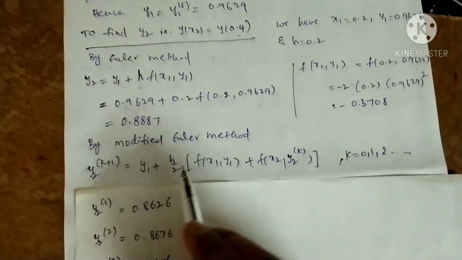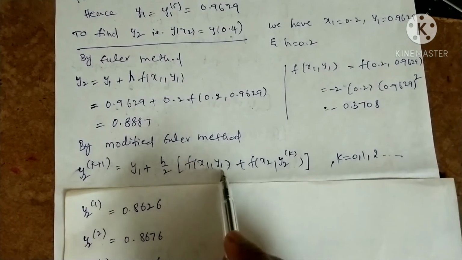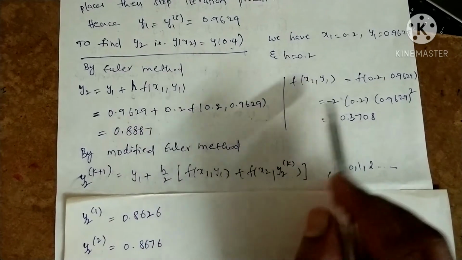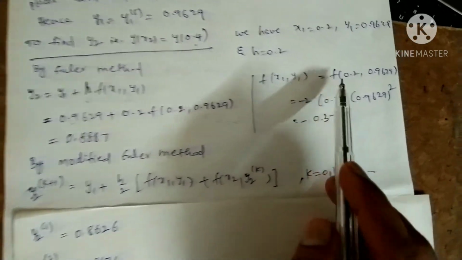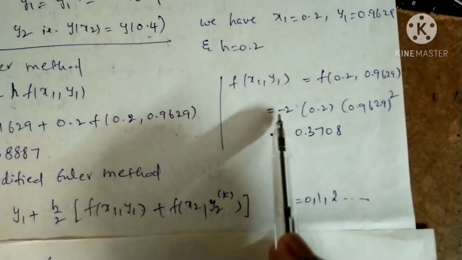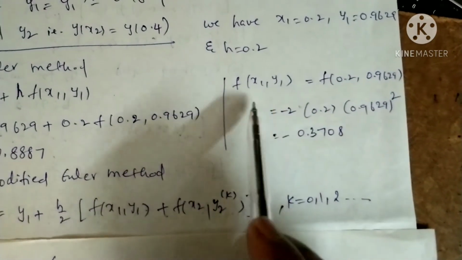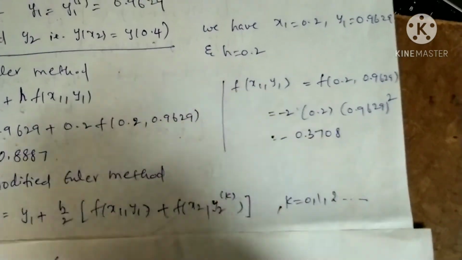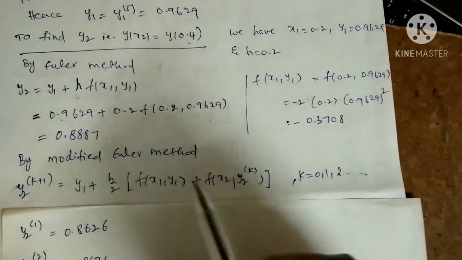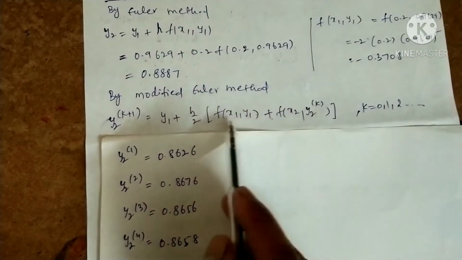So before going to find the iterations, let us first find f of x1, y1, because this is fixed in each and every iteration. f of x1, y1 is nothing but f of 0.2, 0.9629. Using f of x comma y equal to minus 2x y square, we get f of x1, y1 as minus 0.3708.